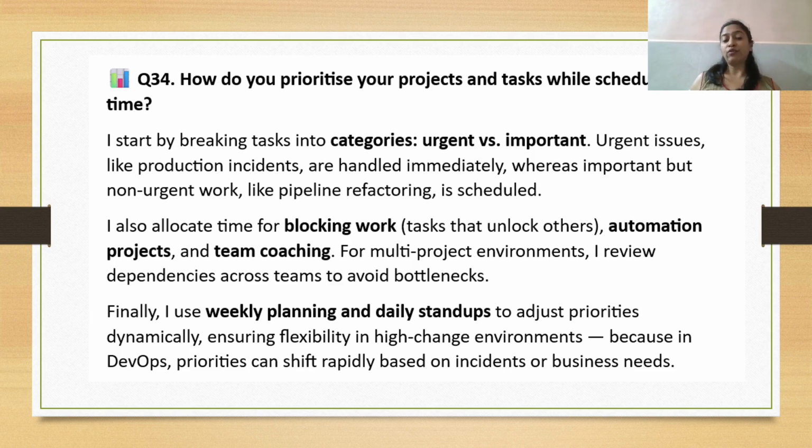I also allocate time for blocking work, tasks that unblock others, like automation projects or team coaching. For multi-project environments, I review dependencies across teams to avoid bottlenecks. Finally, I use weekly planning and daily stand-ups to adjust priorities dynamically, ensuring flexibility in high-change environments, because in DevOps, priorities can shift rapidly based on incidents or business needs. Getting my point?